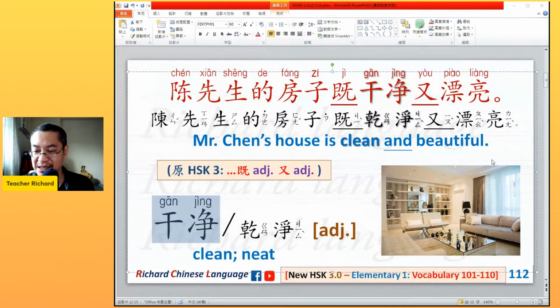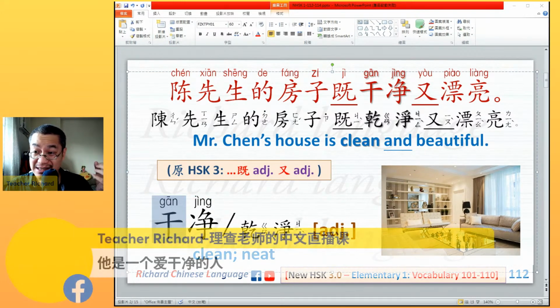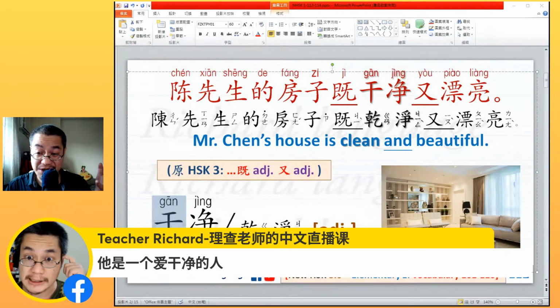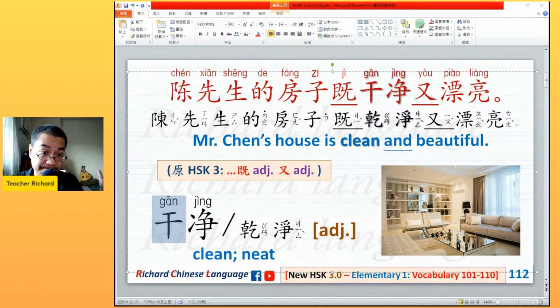So once again, whenever you use 干净, which means clean and neat, you can use 爱干净 to describe a person. Like Michelle 是一个爱干净的人。You can also use 干净 to describe a place.